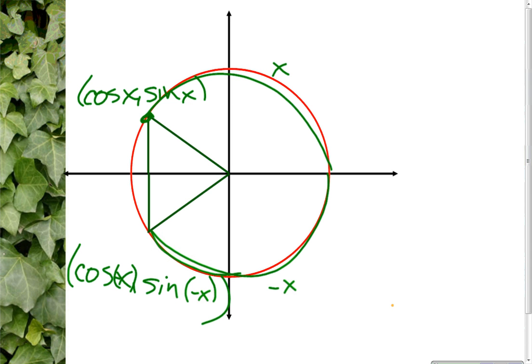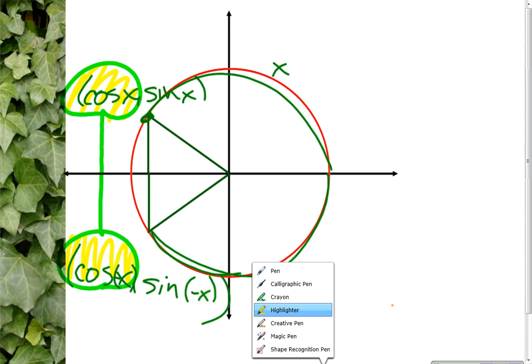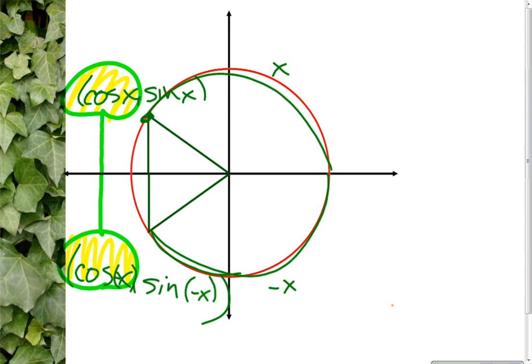And so because of that, now watch what happens. Man, I like green today for some reason. So the cosines of x's are directly over each other. And so the upshot of all of that is that cosine of x is the same thing as the cosine of the opposite of x.